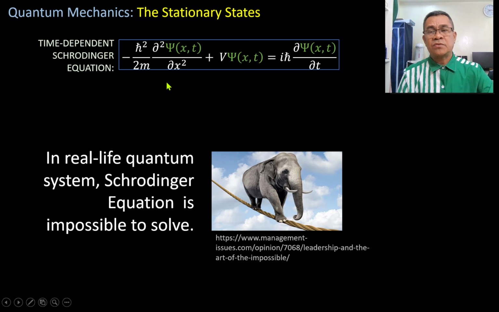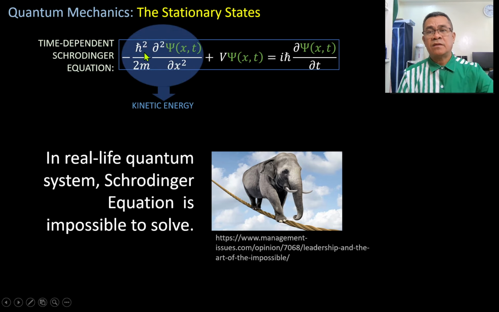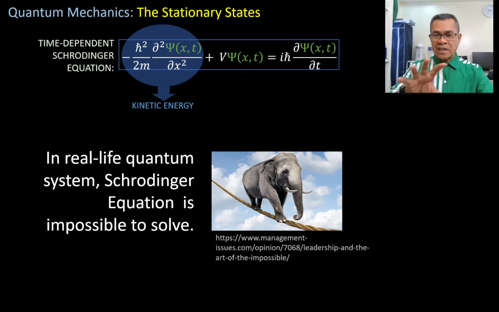Why? Because when you look at the first term, this is a second order differentiation of the big psi. Okay? But this is the kinetic energy, the total kinetic energy in the system. And the kinetic energy are the following.